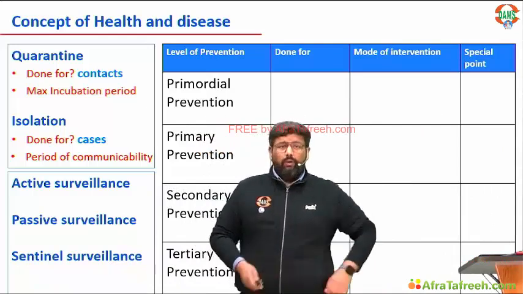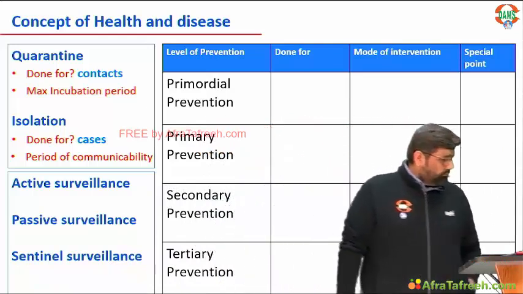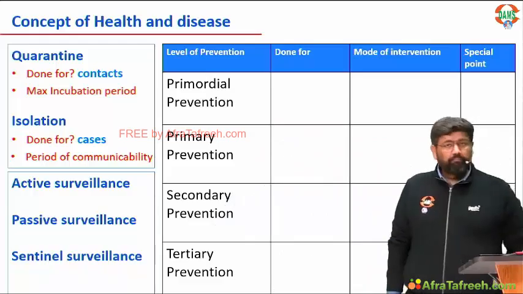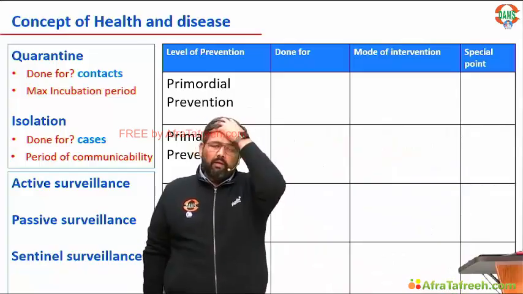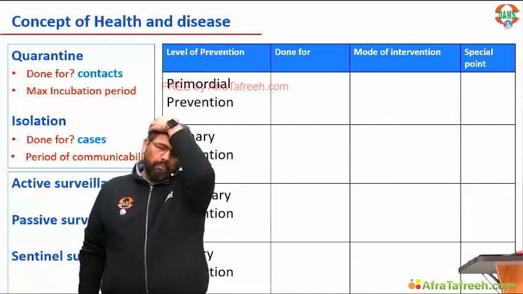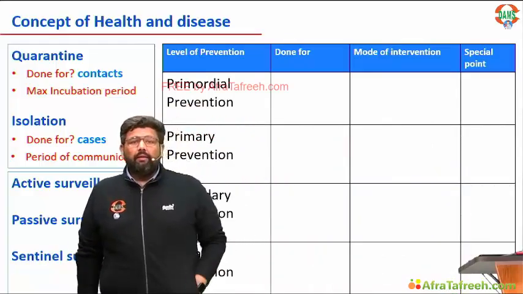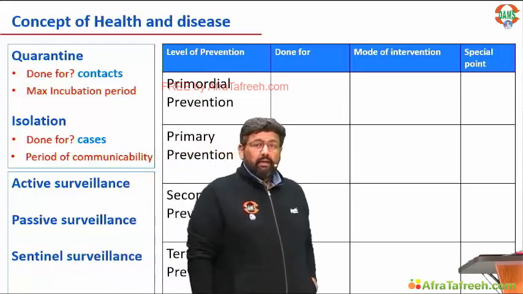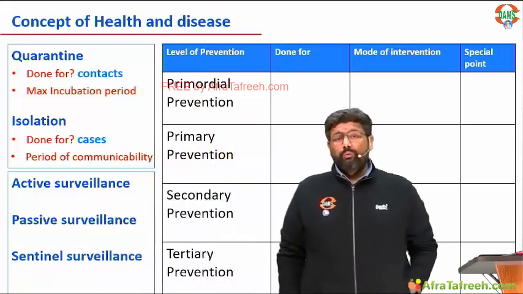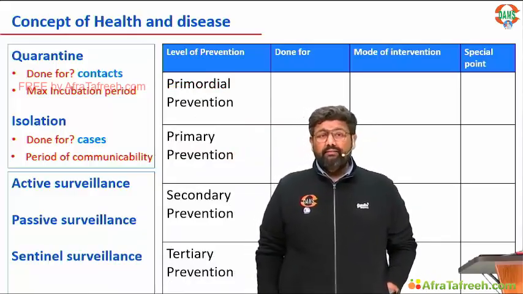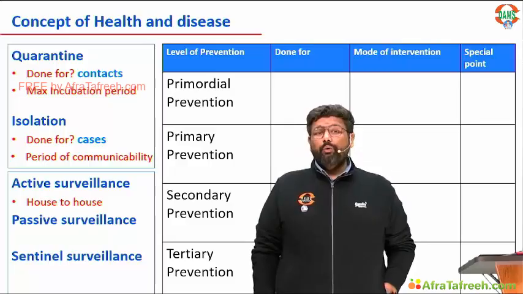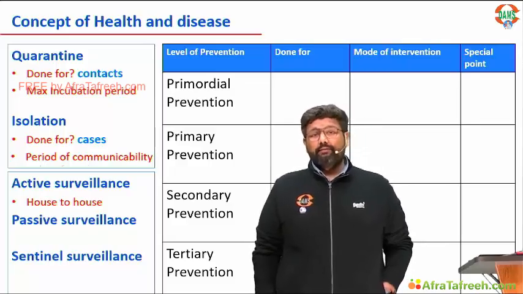Suppose, let us take the example of COVID. When COVID came, the health department got a notice that you have to go house to house to see how many are having fever. This is active surveillance. When we go house to house, this is active surveillance.